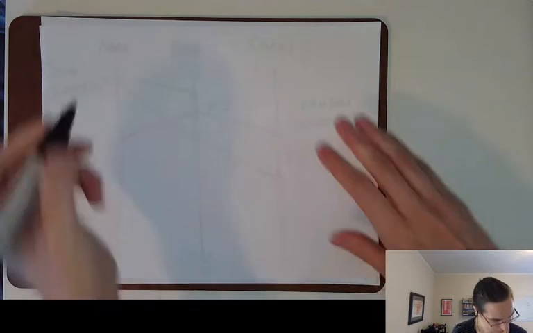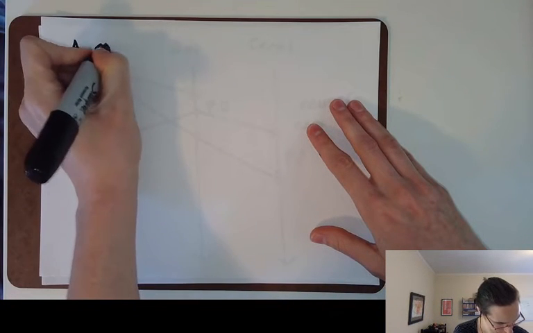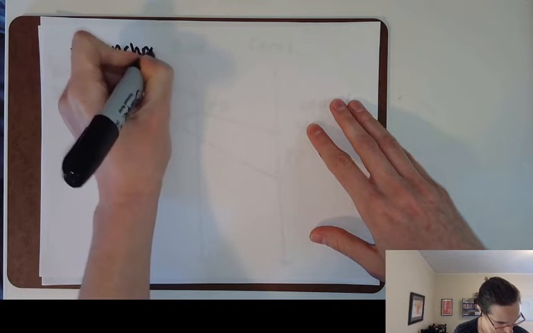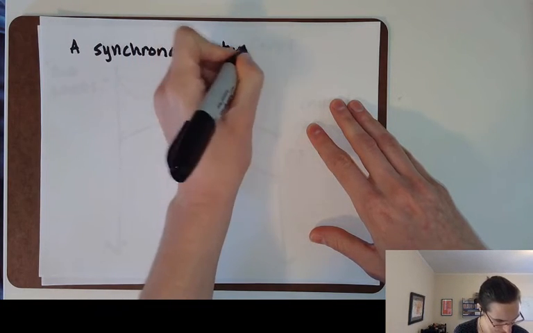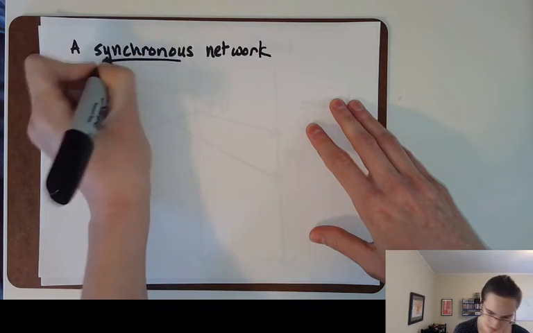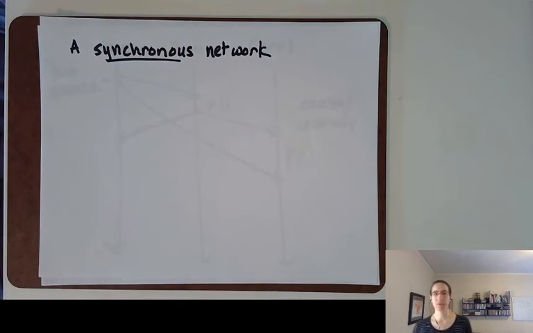A synchronous network. So synchronous networks do exist. They aren't the kind that we're going to be spending most of our time talking about in this course, but they're worth mentioning at least briefly.